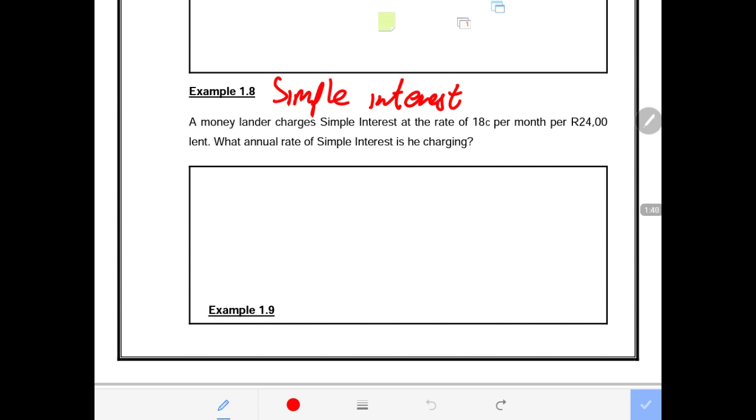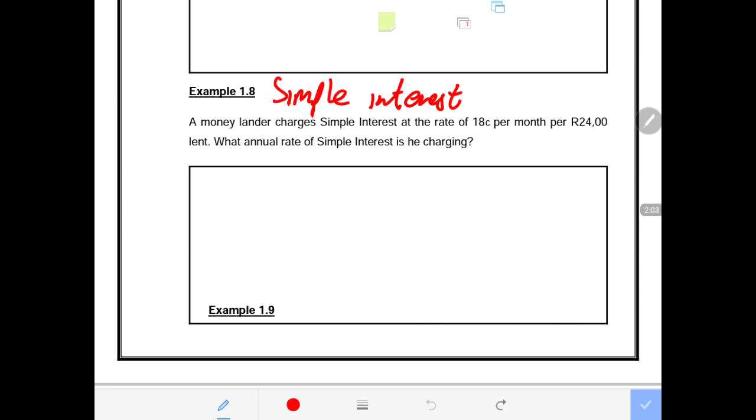Let us read again. The money lender charges simple interest at a rate of 18 cents per month. That means for every month he is charging 18 cents. And that means in this time we are looking at 1 month of borrowing, or 1 month of giving money to whoever is borrowing money.